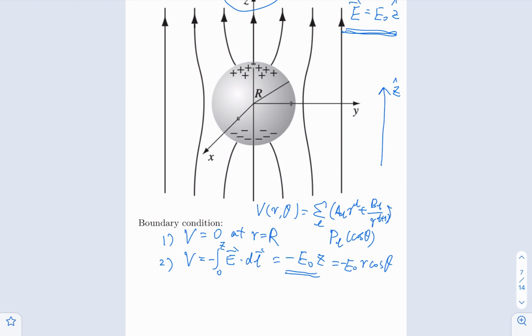Now what we need to do next is apply these two boundary conditions to the general expression over here. Let's apply the first boundary condition.